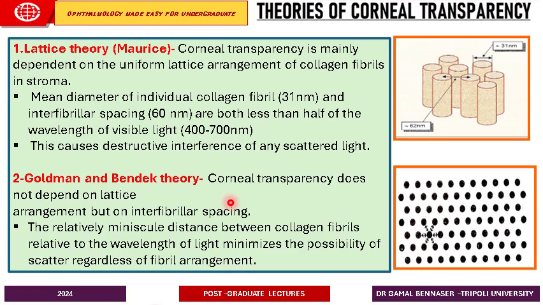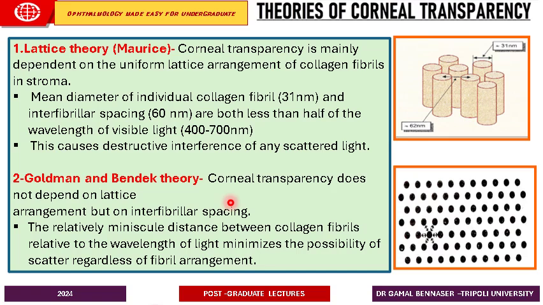This ratio is fixed all over the cornea, and this makes both the thickness of the collagen fibers and the distance between the collagen fibers less than half of the wavelength of visible light, which is around 400 to 700 nanometers. And this will lead to destructive interference for any scattering rays. So this will lead to high transparency of the cornea.